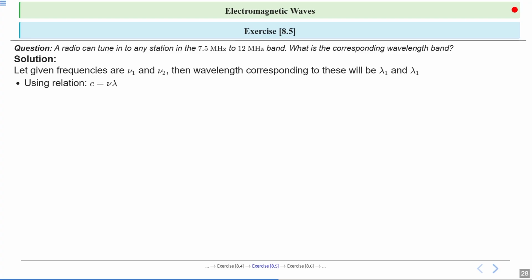Using the relation c equal to nu lambda, lambda 1 will be equal to c by nu 1. The speed of the electromagnetic wave will not change, only we are going to calculate the wavelength corresponding to the frequency. So lambda 1 will be equal to c upon nu 1 and lambda 2 will be equal to c upon nu 2.